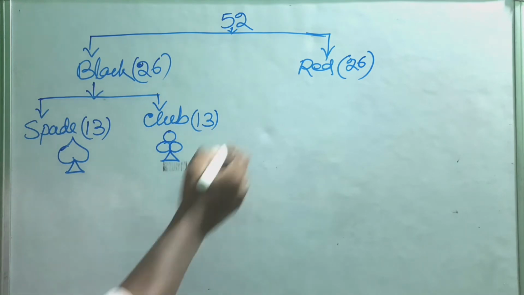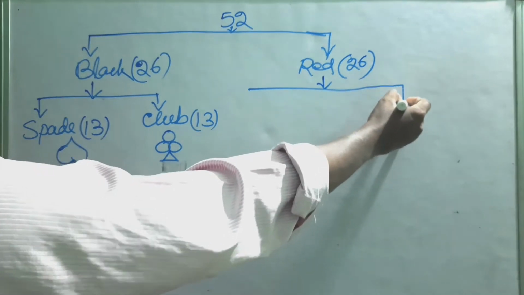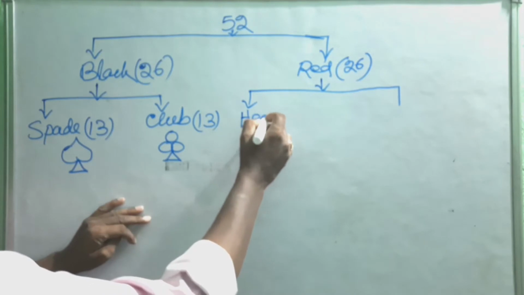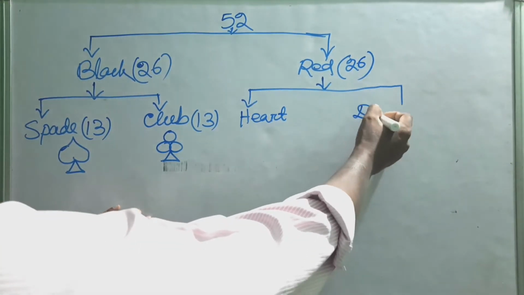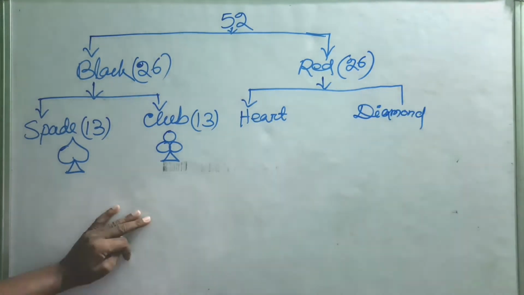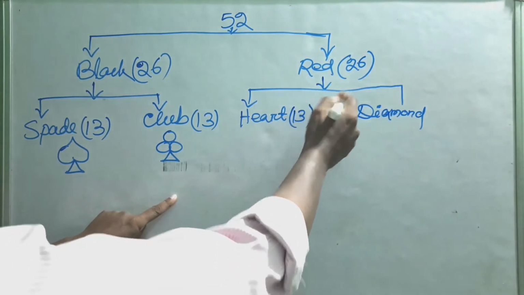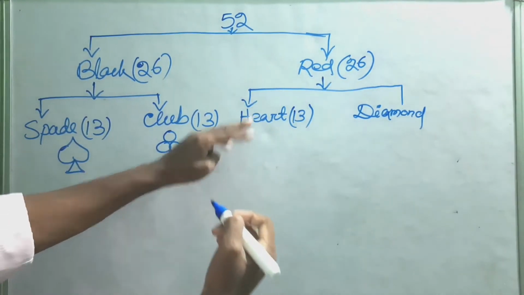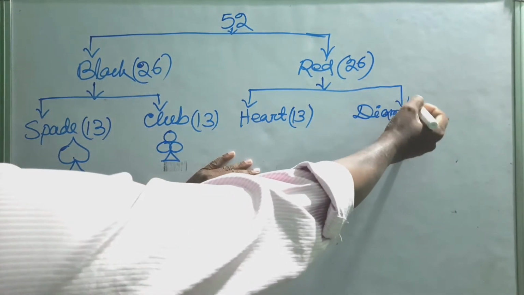Red is also divided into two types: one is heart and another is diamond. Since the red cards are also equally divided into two types, hearts are 13 in number and diamonds are also 13.